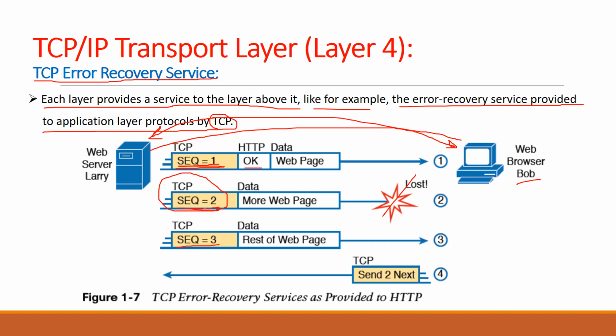If a number is missing, Bob's computer, using the TCP network layer, will send a request saying, please provide me with data with sequence number 2. And then the server will respond back with the part that has sequence number 2. So TCP provides an error recovery service for the application layer.